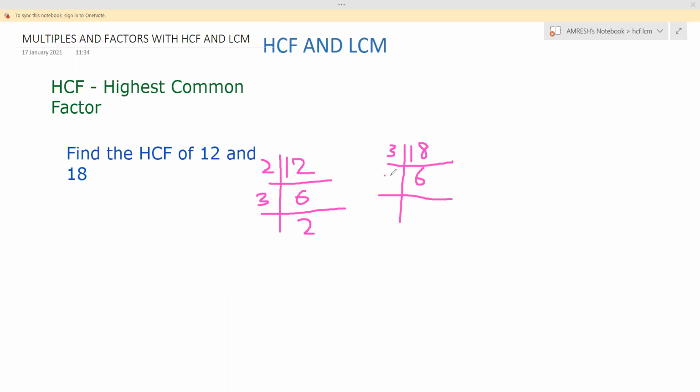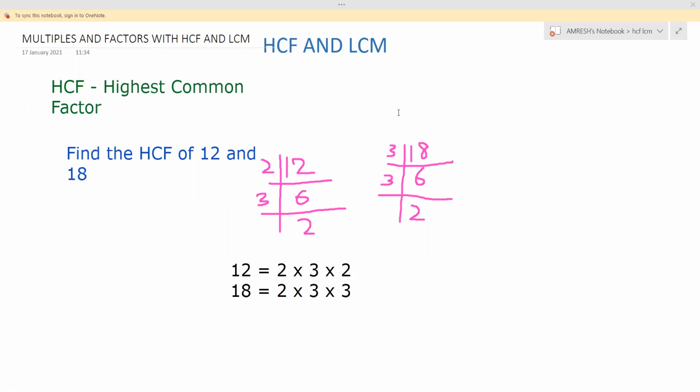Again with 3, 2 will come. So the prime factorization of 12 comes to 2 into 3 into 2, and 18 comes to 2 into 3 into 3.